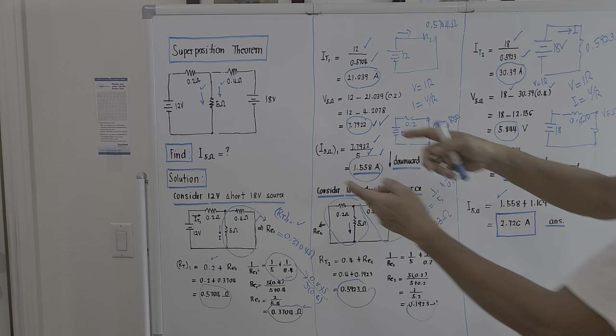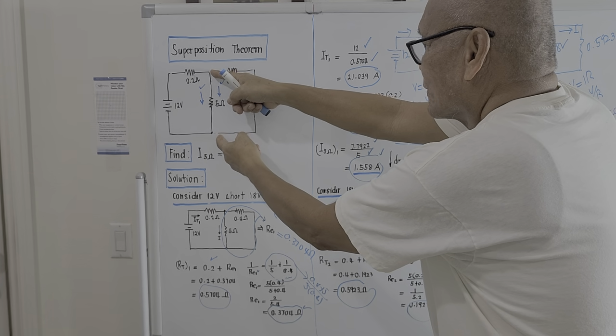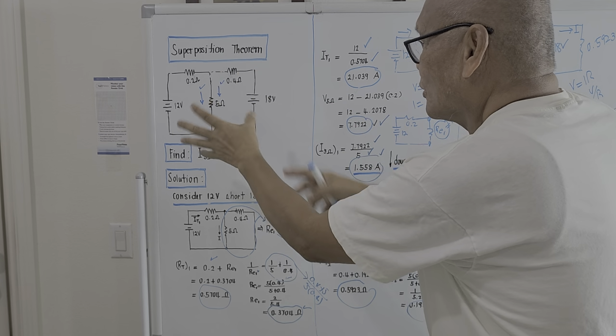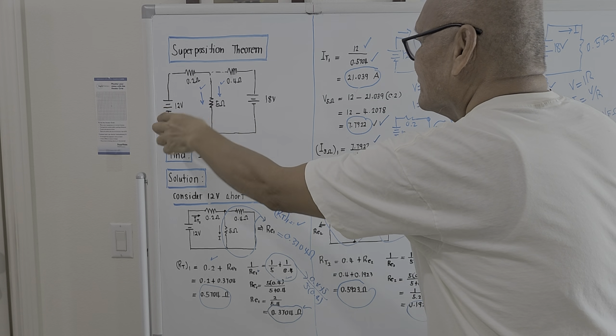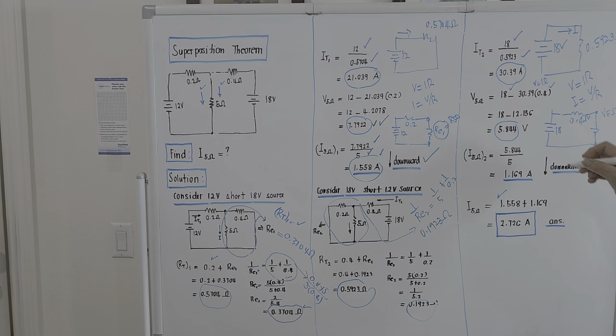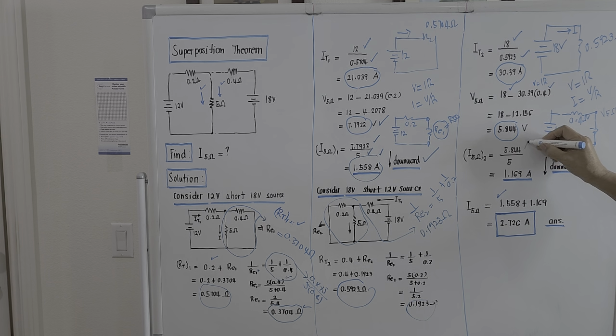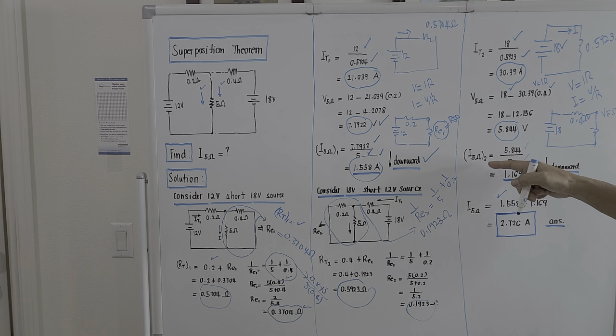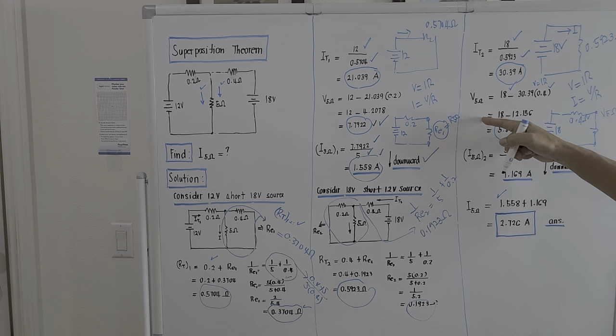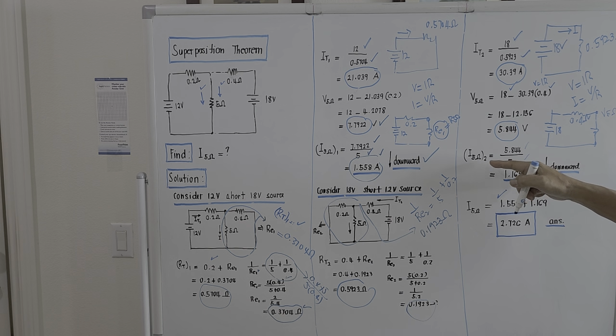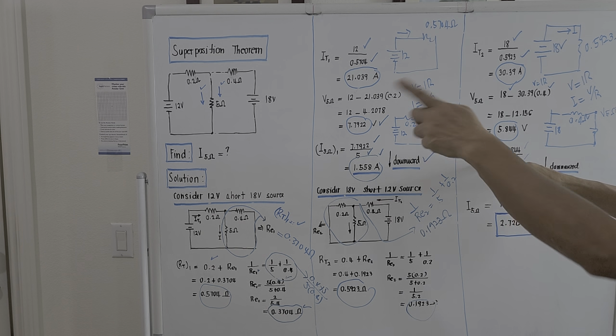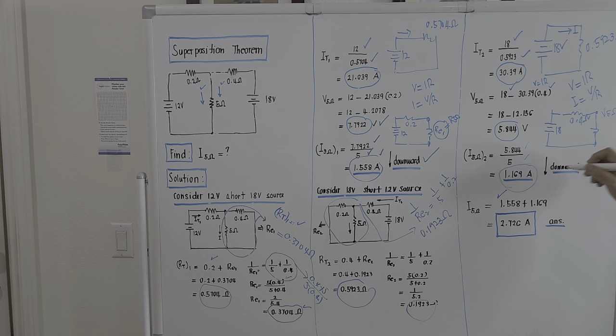So if we know that the voltage across this is 5.844, the current now will be the voltage computed divided by its resistance. This is voltage all over resistance. So the current passing through the 5 ohm load with the subscript 2, meaning delivered by the 18 volt source, should be 1.169 amperes. And this is still downward.